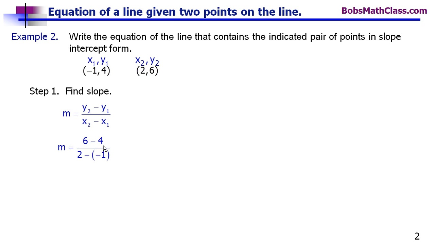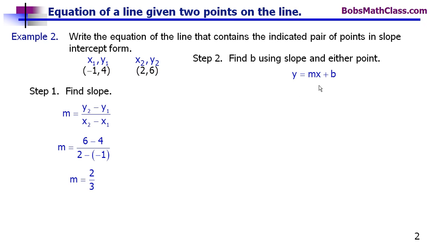So in the numerator we get a 2, and then 2 minus -1 turns into 2 plus 1, because minus a negative is a positive, so 2 plus 1, so 2/3. Step 2, find b using the slope and either point. So here's y equals mx plus b.